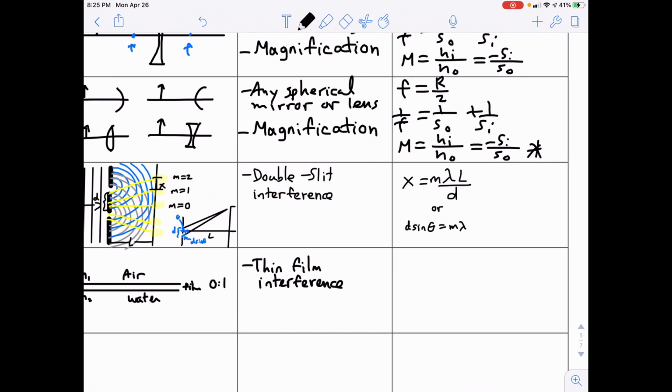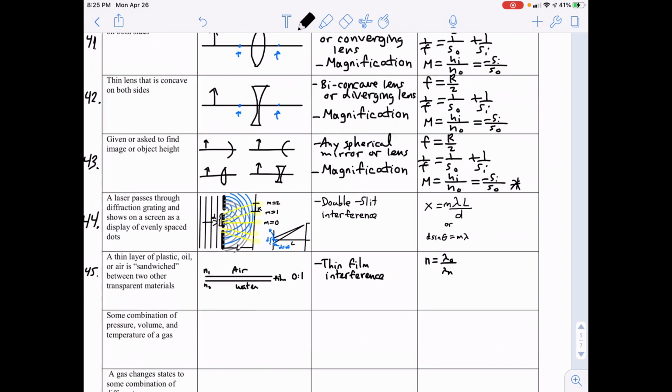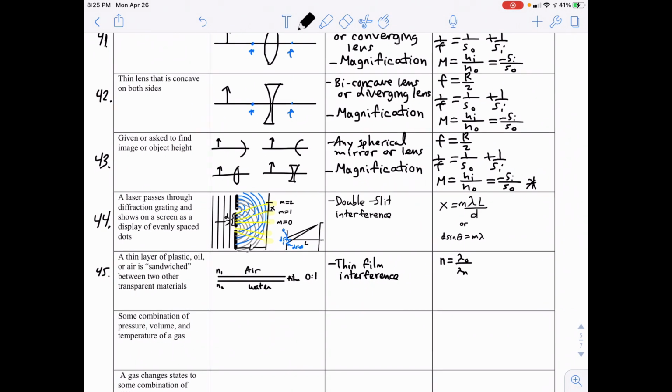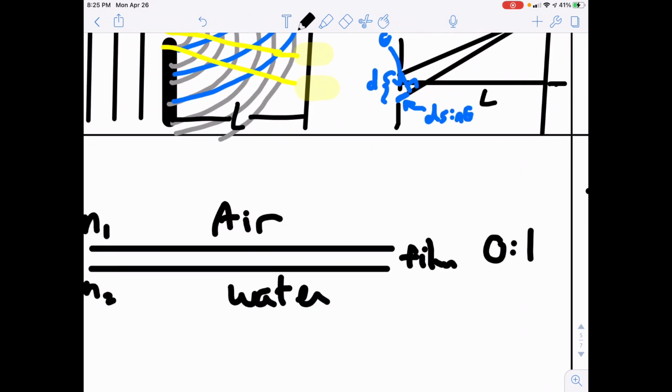Now for thin film interference, we do need the index of refraction formula, which is lambda O over lambda N. We do need to know that if we have light incident on the film, light will always be shown coming in perpendicular along the normal.